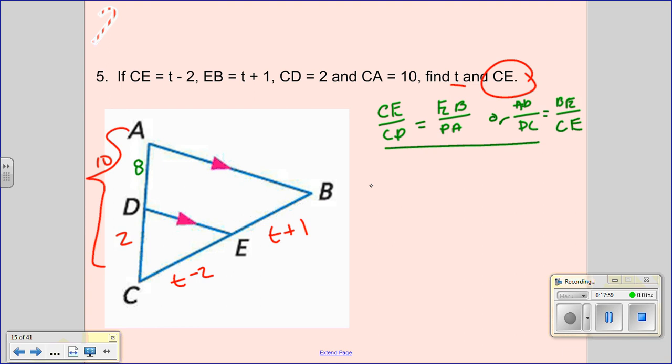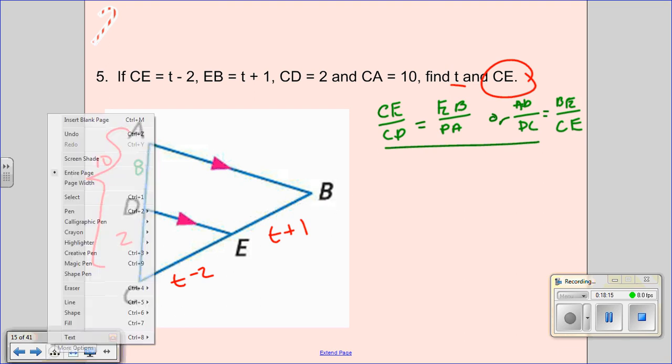Or you could look at it as two small triangles or two separate triangles. So let's rewrite the triangles.